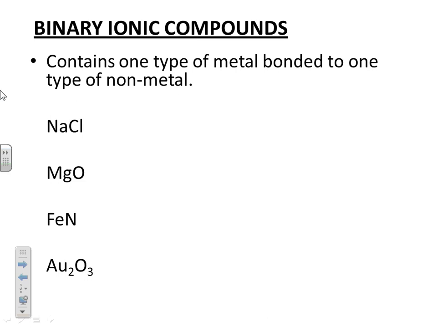Tomorrow, we're going to learn about names that have more than 2 elements in them, but the naming system is always binary in nature. What they mean by binary naming is that you will always have a name for the positive chunk, which is the front piece, and a name for the negative chunk, which is the back piece. Because the metals are the positive ions, they're first, and the nonmetals are the negative ions, they're last.